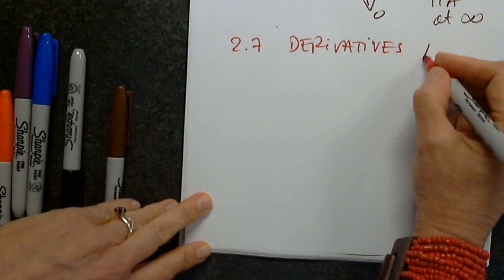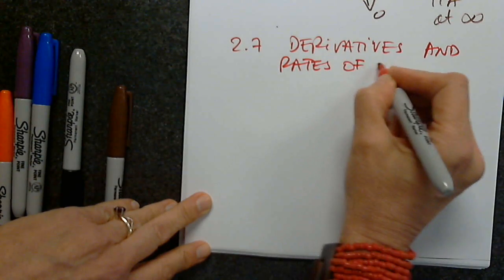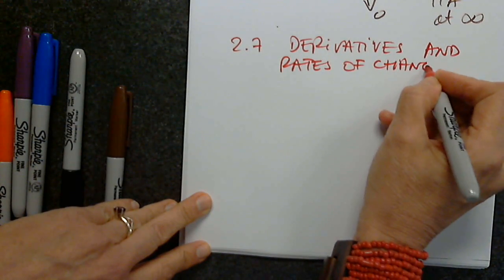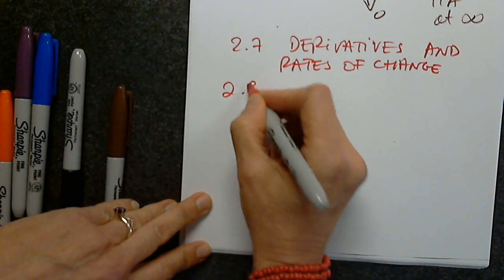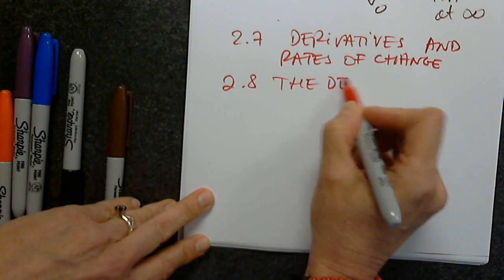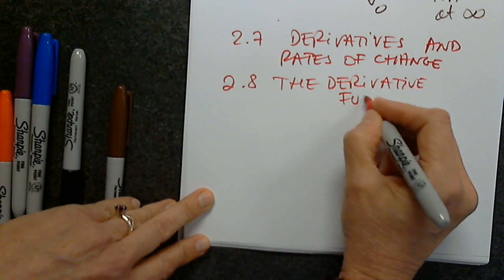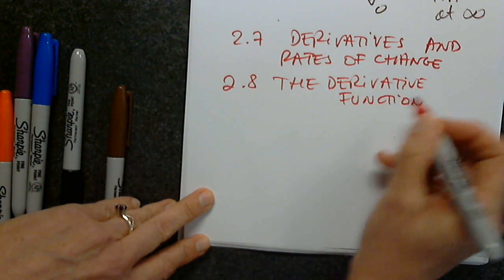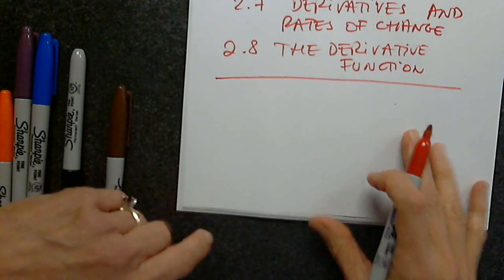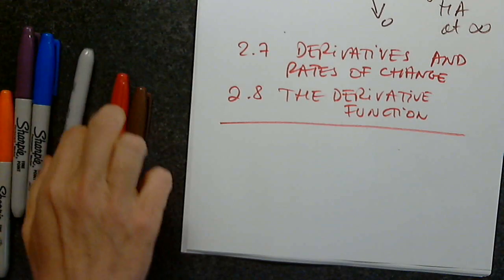Derivatives and rates of change. And also 2.8, which is the derivative function. Yes, they go together. But we'll start, of course, with 2.7.